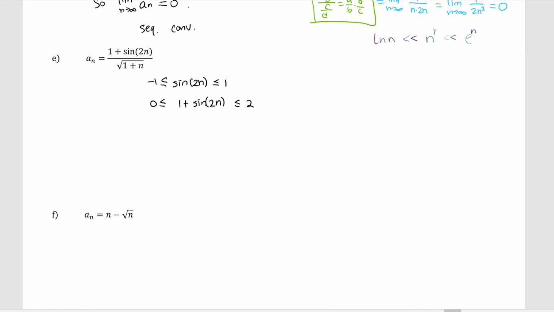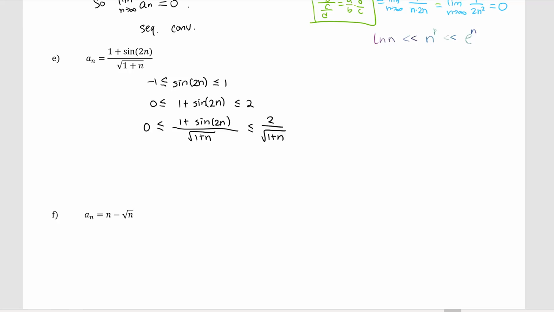And then what do we do next? We divide by the square root of 1 plus n. Because the square root of 1 plus n is positive, it won't change the inequality. And 0 divided by anything is 0, and the right side is 2 over the square root of 1 plus n.